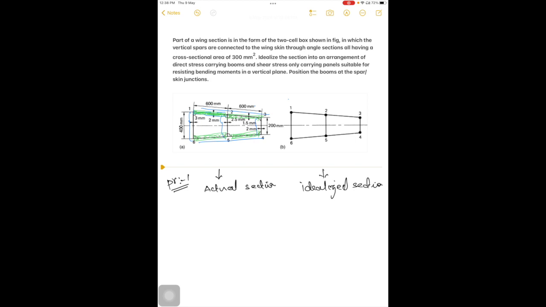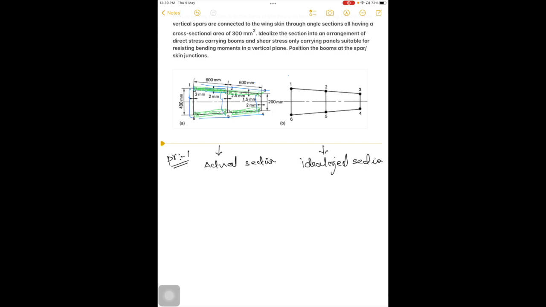According to the condition, we have idealized the section. Now we are going to determine the magnitude of the booms, that is B1, B2, B3, up to B6.